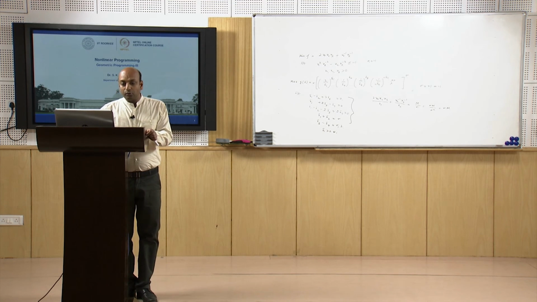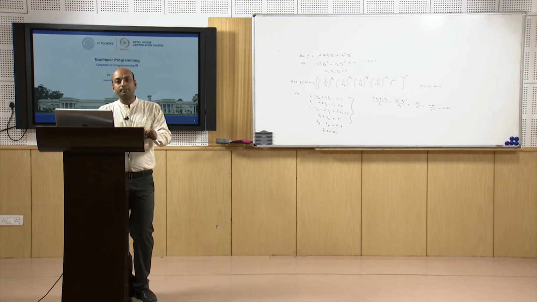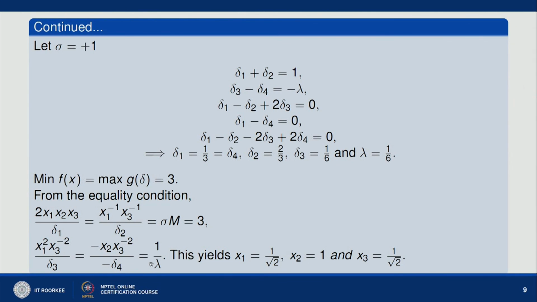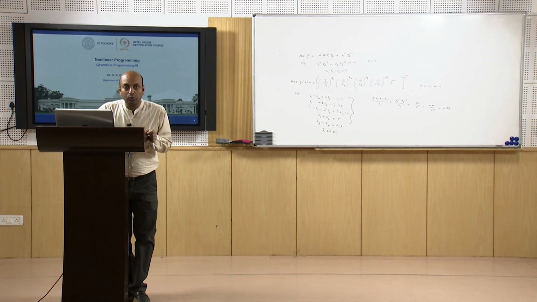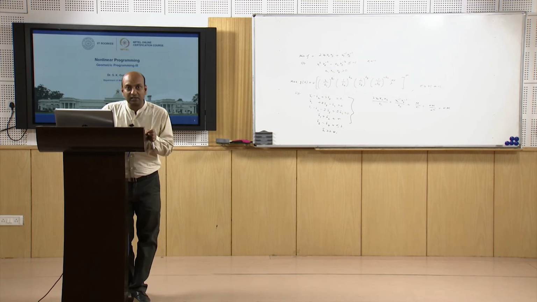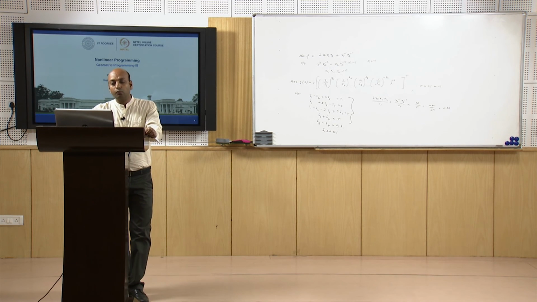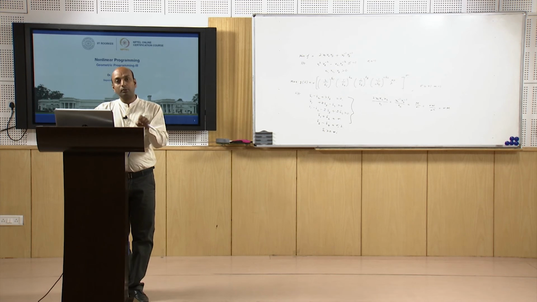Now, similarly, when you take the term corresponding to the constraint, the sum of the numerator is minus 1 here, and sum of the denominator is minus lambda. So, minus cancels out, it is 1 upon lambda, you already know it is 1 by 6. So, you will have this system of equations by which you can easily find out the values of x1, x2 and x3, which are 1 by under root 2, 1 by under root 2. So, that will be the optimal solution of this problem.